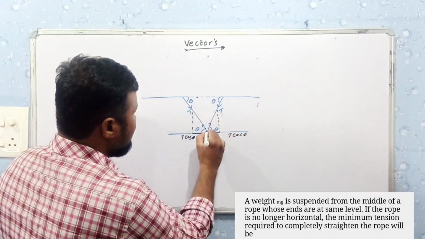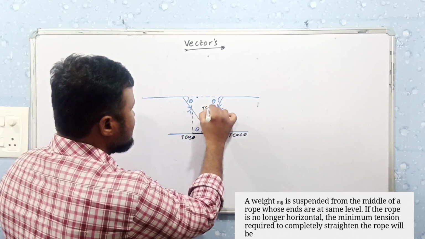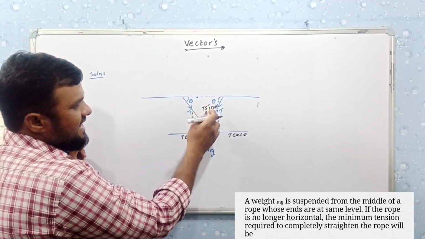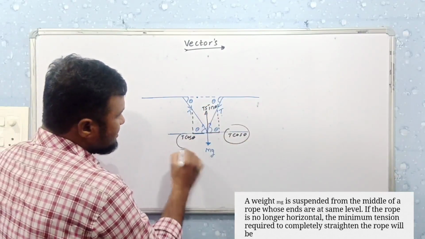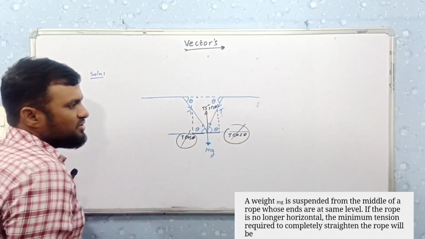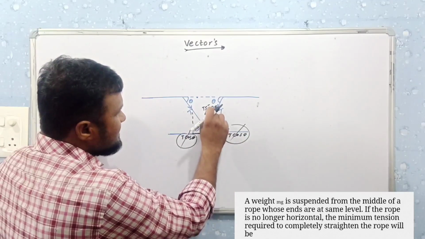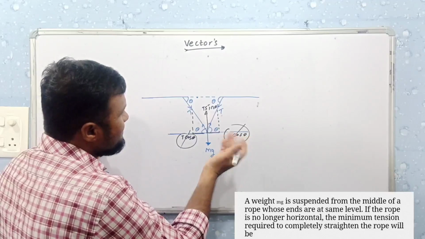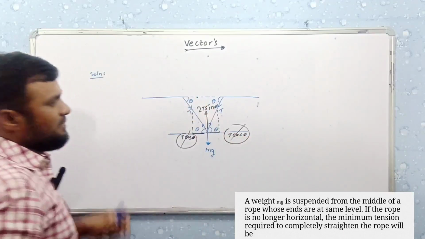For this tension, T sin theta upward, and for this tension, T sin theta upward. The T cos theta components act in opposite directions, so they cancel. Upward, T sin theta from this tension and another T sin theta from the other, so 2T sin theta will come.